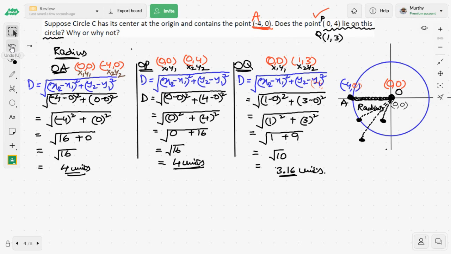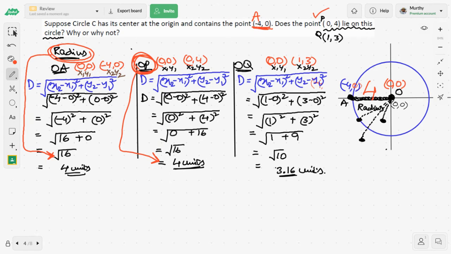Now when I compare, the radius is the square root of 16, or 4 units. And the length of OP is also 4 units.